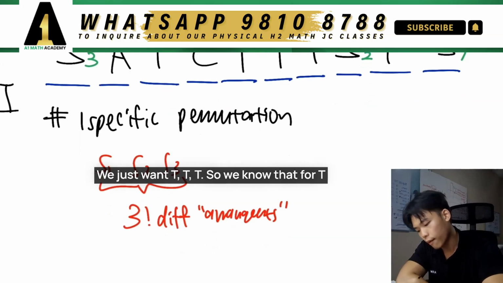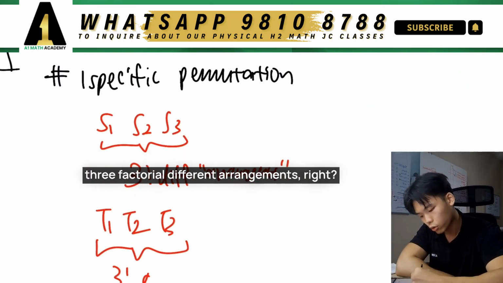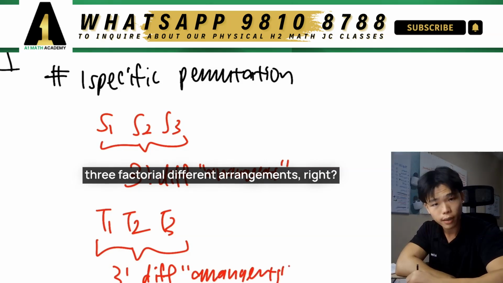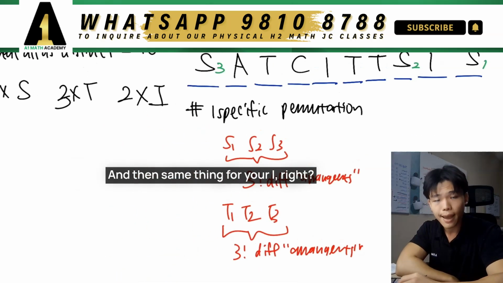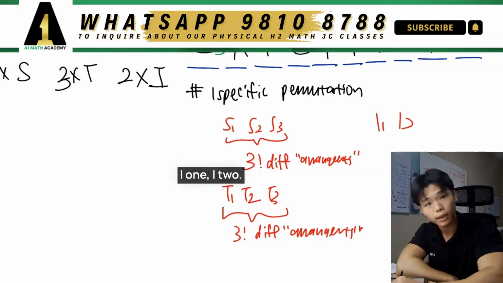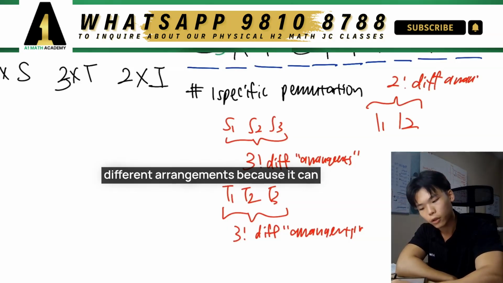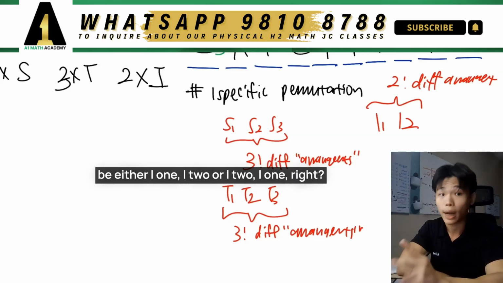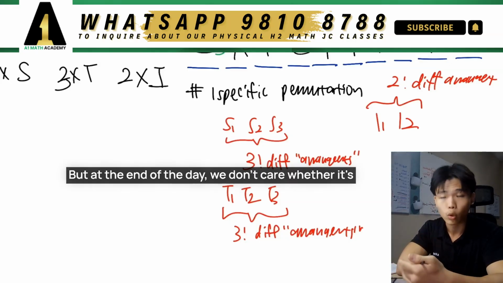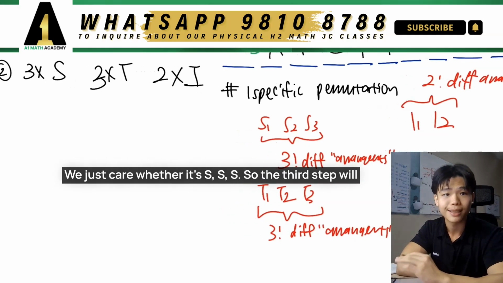So for T1, T2, T3, once again there are 3 factorial different arrangements. Same thing for your I: I1, I2 has 2 factorial different arrangements, because it can be either I1, I2 or I2, I1. But at the end of the day, we don't care whether it's S1, S2, S3 or S3, S2, S1; we just care that it's SSS.